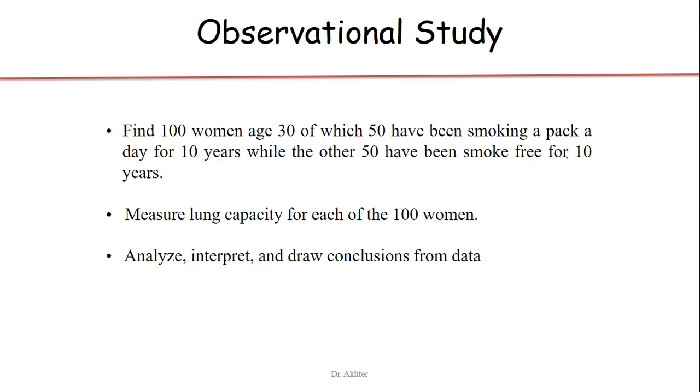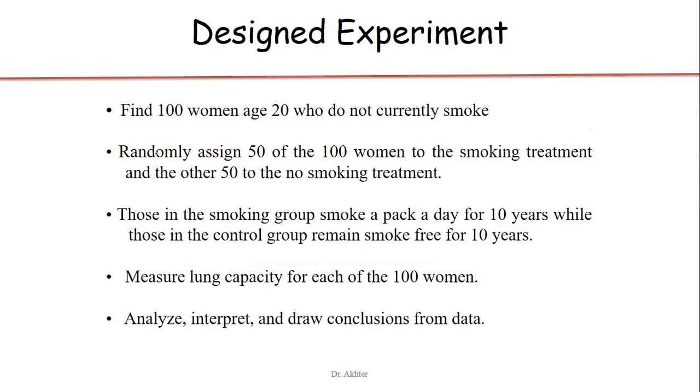While in experimental design, if I want to gather this data by experimental design, then I have to wait 10 more years to get this data. In the same example, if I am doing the problem by experimental design, I select 100 women who never smoked. Then 50 are kept in a non-smoking group and the remaining 50 in a smoking group. This distribution is also performed randomly.